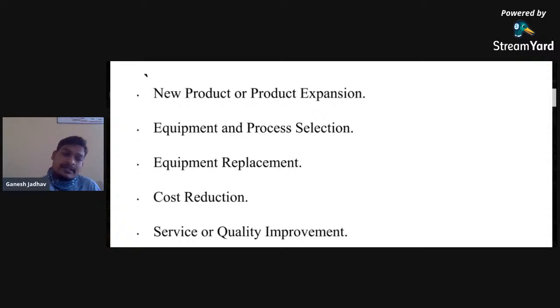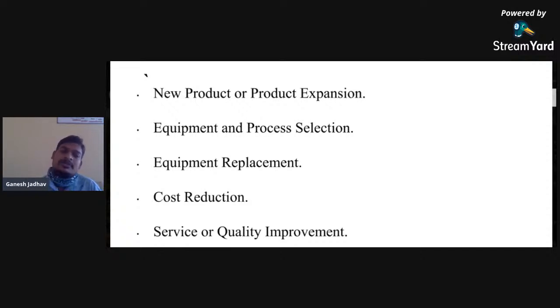Then the cost reduction, the fourth point or the fourth strategy. Because we have a number of competitors, when we reduce the cost, this is the strategy for selling the product also. So the client automatically interacts with our product.